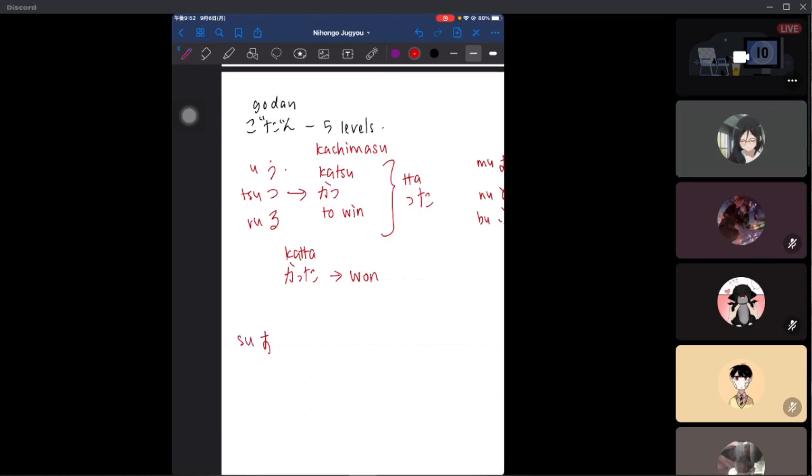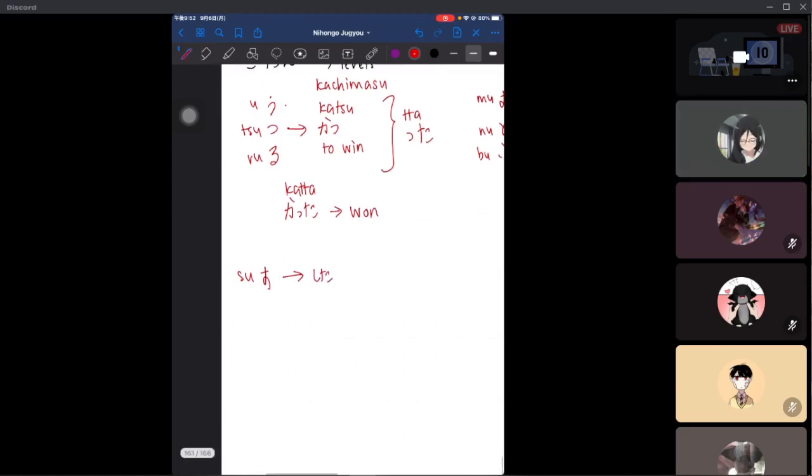Su. So for su, basically if you conjugate it into a past tense short form, you just change the su to shita. For example, the word kakusu. This one means to hide.